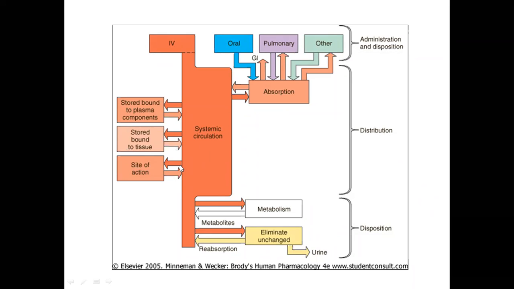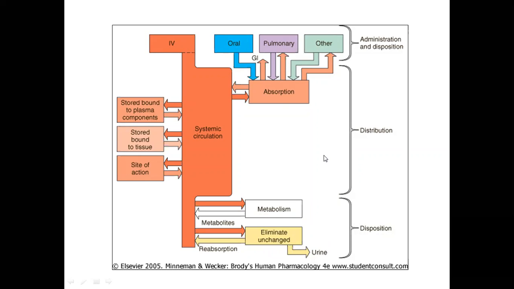Later on, according to its half-life, it is metabolized and remains in the body, and after that it is excreted as metabolites or unchanged in the urine or in the feces. These ADME parameters are all considered in the pharmacokinetic study.